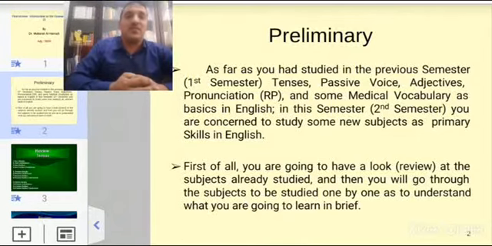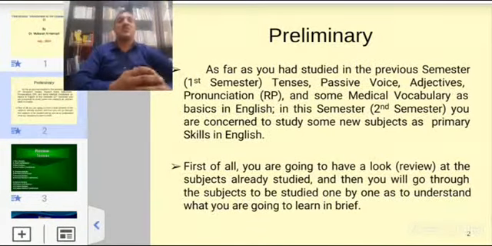In this semester, the second semester, you are concerned to study some new subjects as primary skills in English.